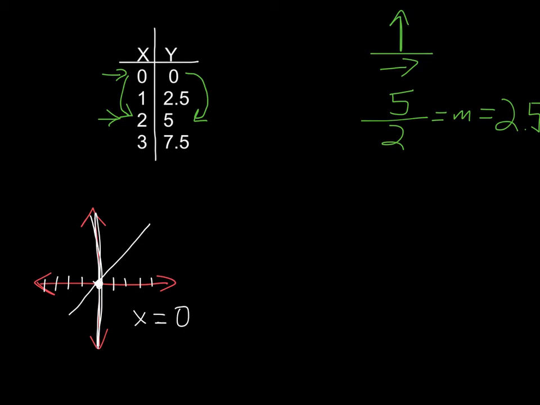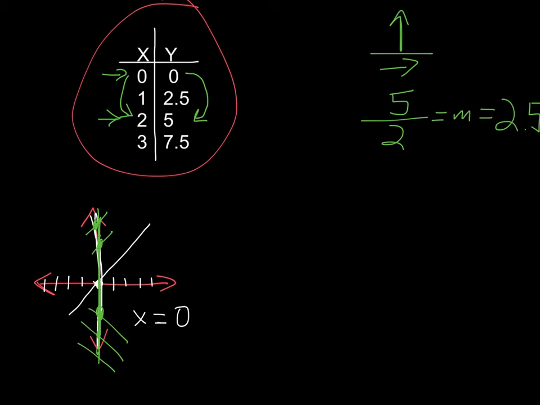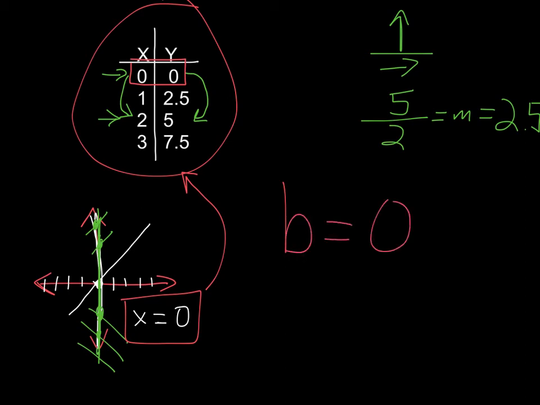It doesn't matter if it crosses up here, down here. Wherever it crosses the y-axis, x has to equal 0. So if we look at our table up here, where does x equal 0? Well, in this case, x equals 0 and y equals 0. So our y-intercept equals 0.